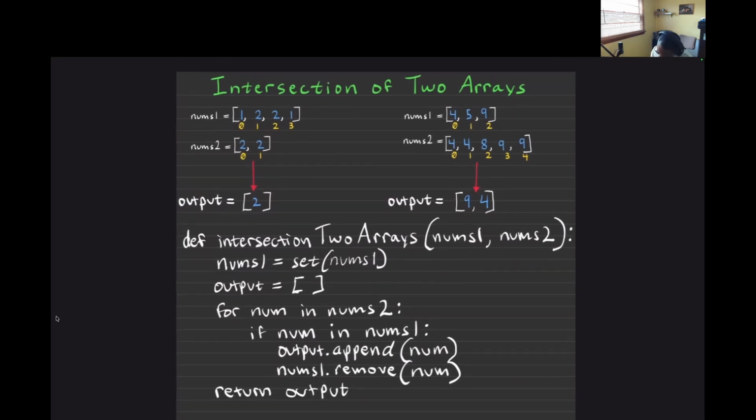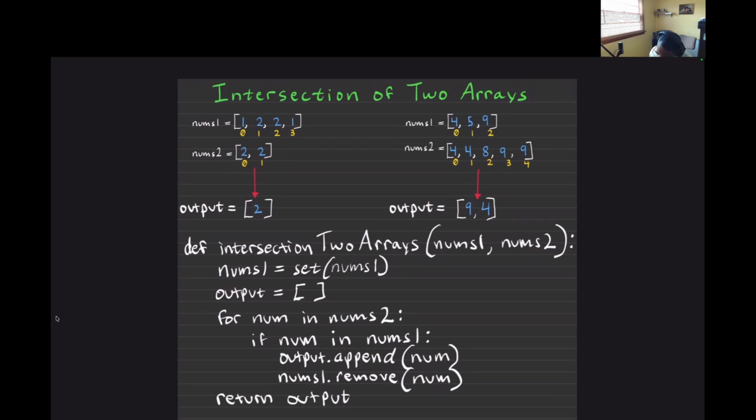So I'll go ahead and do a dry run, and I'll do this example this time, okay? So let's go ahead and start our iteration here. So let me represent this nums1 now. So nums1 is gonna look like this. It's gonna be a set. So nums1 will have a 4, 5, and 9 in there. So I'll just copy these values, all right?